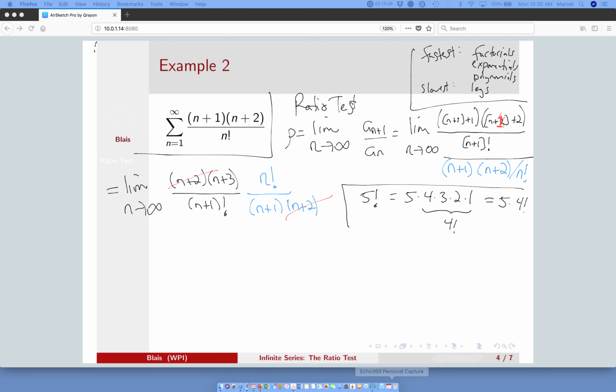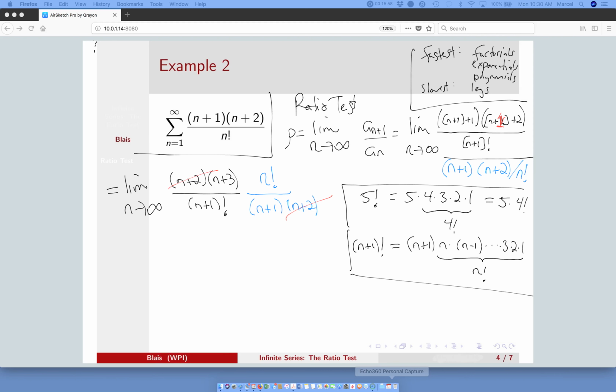So what we do with this n plus 1 factorial is recognize that that's equal to n plus 1 times n, all the way down to 3 times 2 times 1. We're going to pop that n plus 1 term off and lump the rest into n factorial.